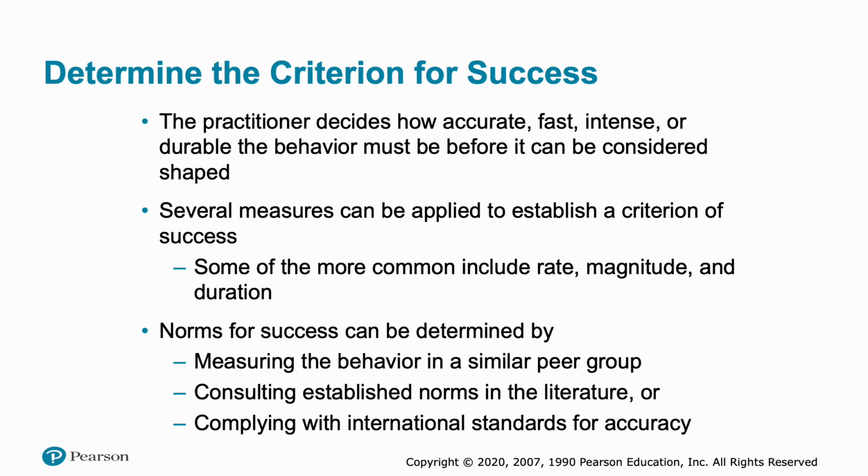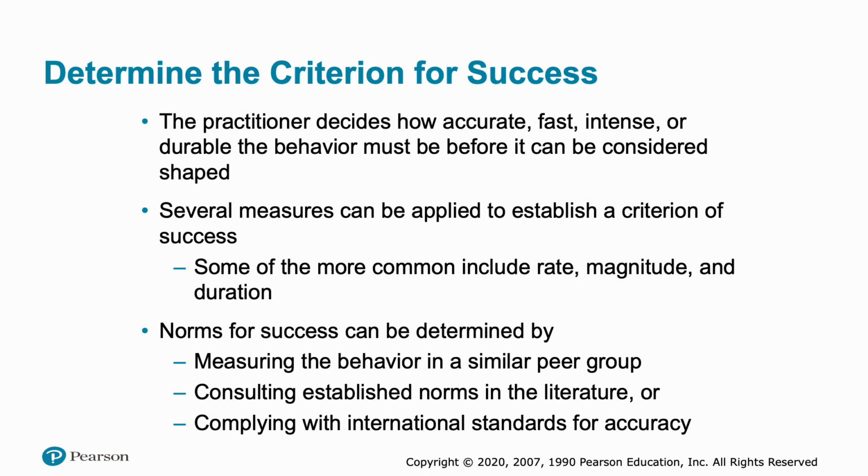Something you can do in order to determine the criteria for success is to look at how your client is performing in comparison to their peers. That will help guide, number one, your selection of the terminal behavior, and it'll also help guide the criterion for success. A very good example of this is sitting. Let's say that I want to shape up a client's behavior of sitting during circle time.